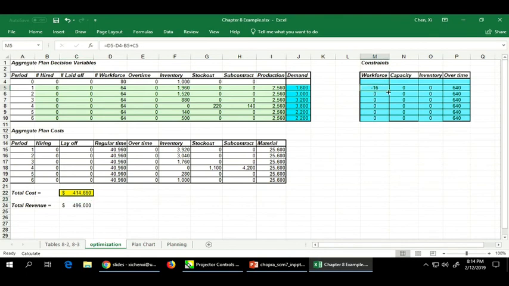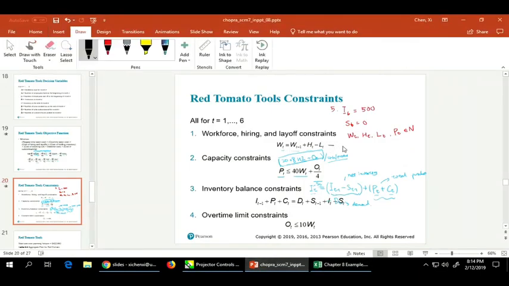Then we have constraints. Right, so workforce constraints make sure that our workforce dynamic holds. So basically, number of workforce in the current period is equal to previous workforce plus hired minus laid off. So what we do is change this equation to W_{T-1} plus H_T minus L_T minus W_T equal to 0. Right. So that's that cell.